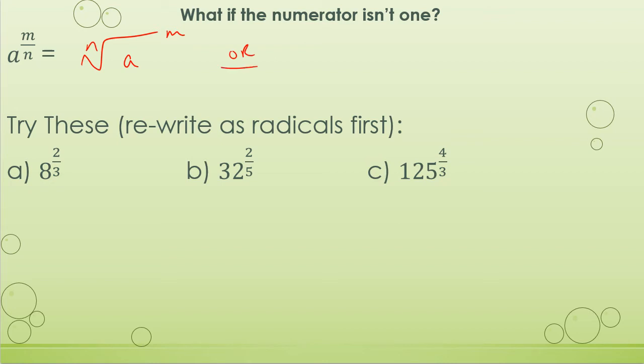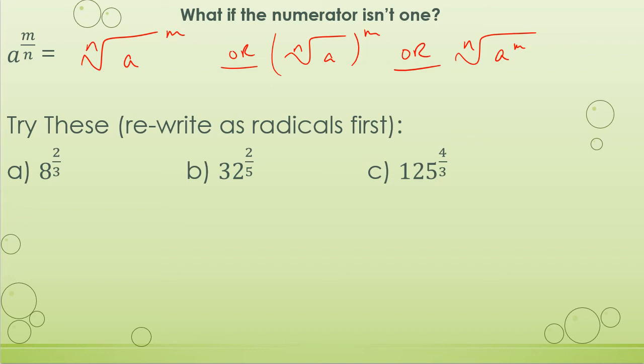Or you could write it like this, and then in brackets, and then put the m on the outside. So again, there's 3 ways you can do this due to order of operations. Or you can raise the a, the base, to the numerator first, and then do the denominator or the nth root.